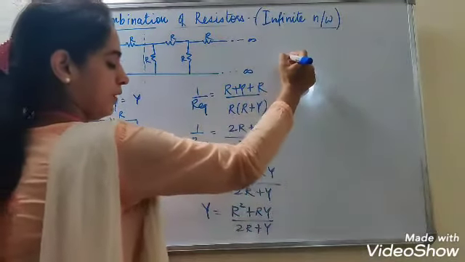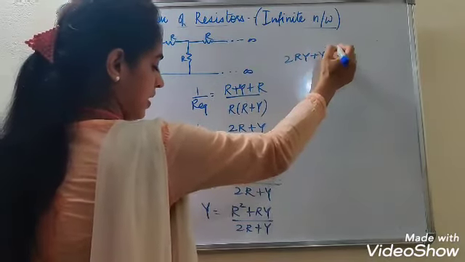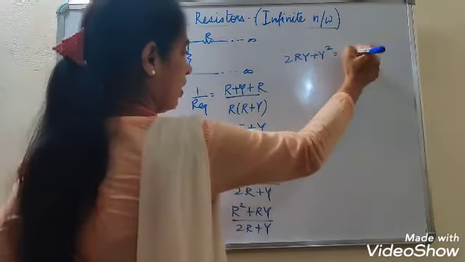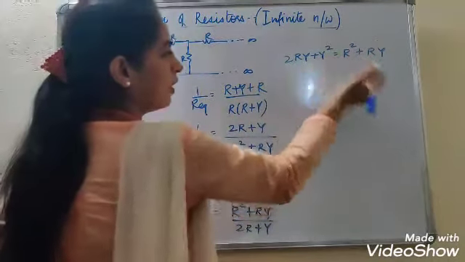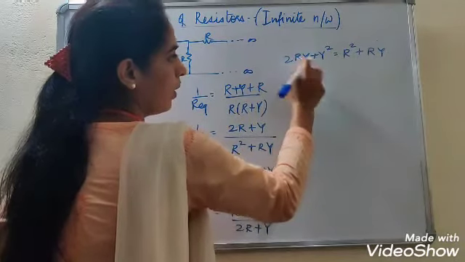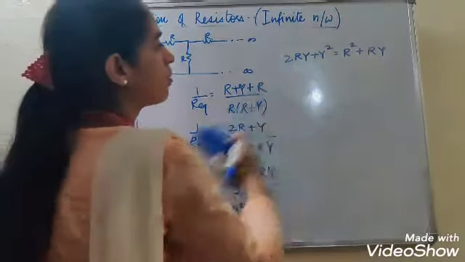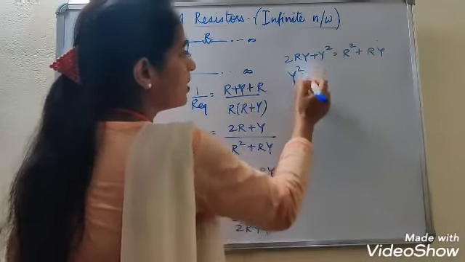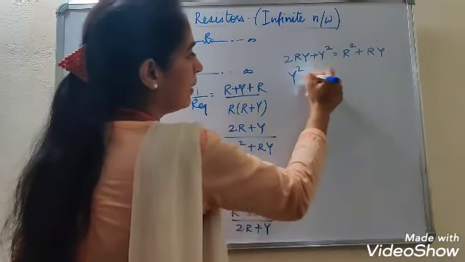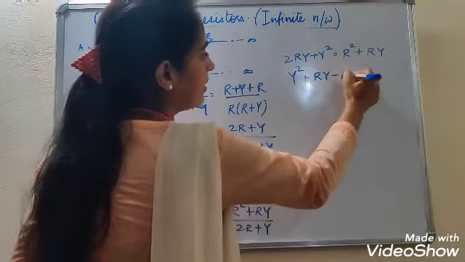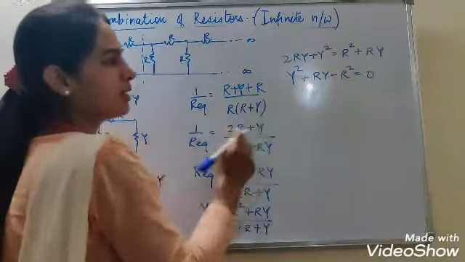So 2RY plus Y square is equal to R square plus RY. Okay, so taking everything to one side, we are solving for Y, so Y square, taking everything this side, 2RY minus RY will be plus RY minus R square is equal to 0. Okay, Y square plus RY minus R square equals 0.